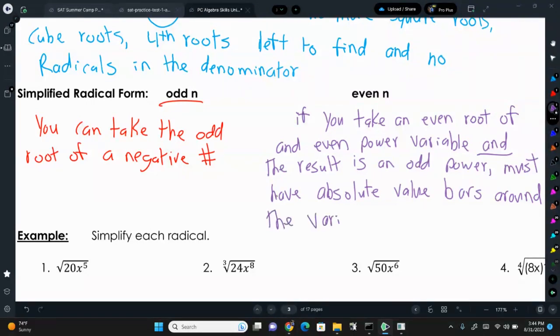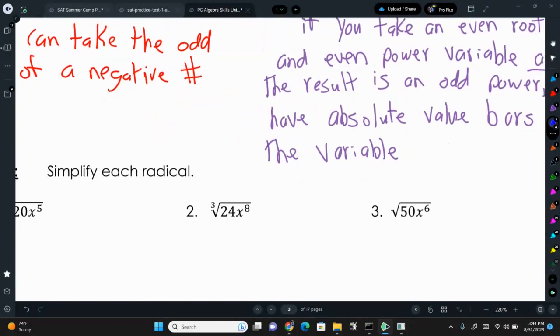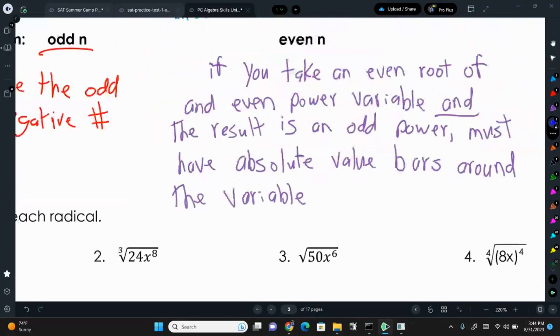And I'm going to fix my handwriting up here real quick. So when we look at these examples down here, I will show you why that is true. Any other time we do an even root, if we don't have this exact situation, we don't need to add any absolute value bars. We just do the process as normal.